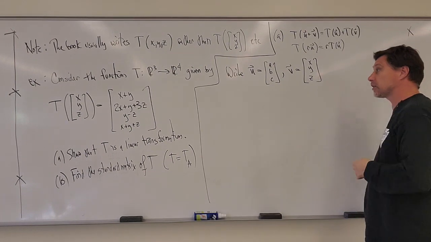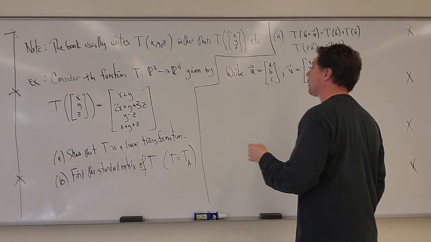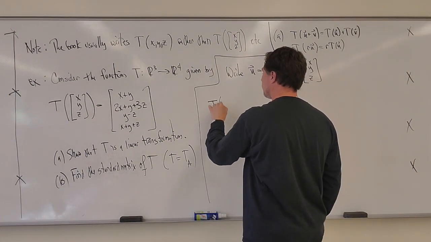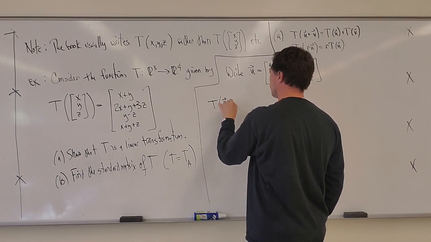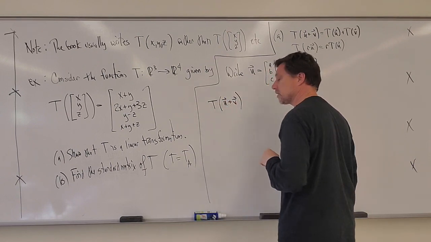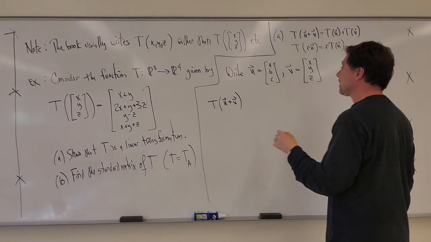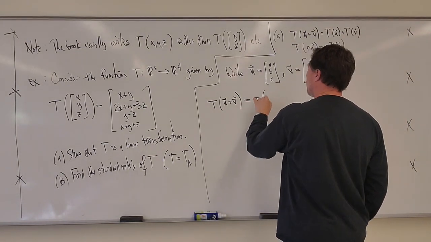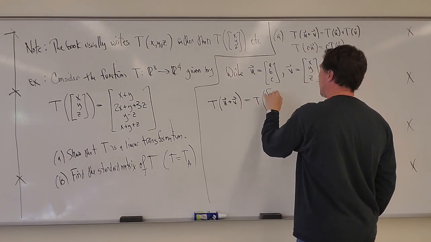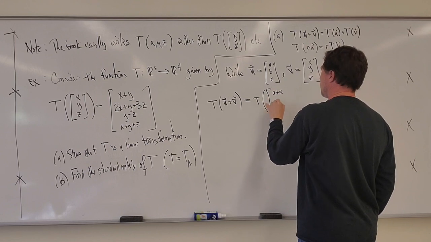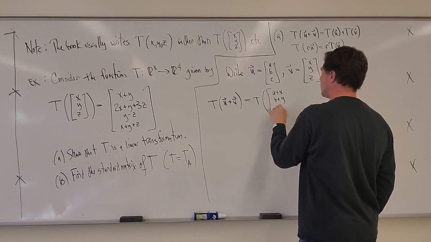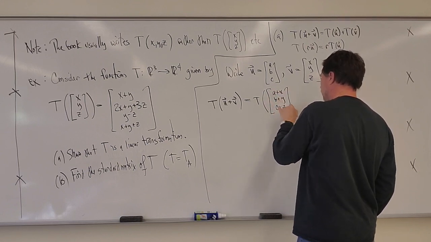So I've got my two vectors, and so now I want to look at T of U plus V. That's going to be T of the column vector A plus X, B plus Y, C plus Z.